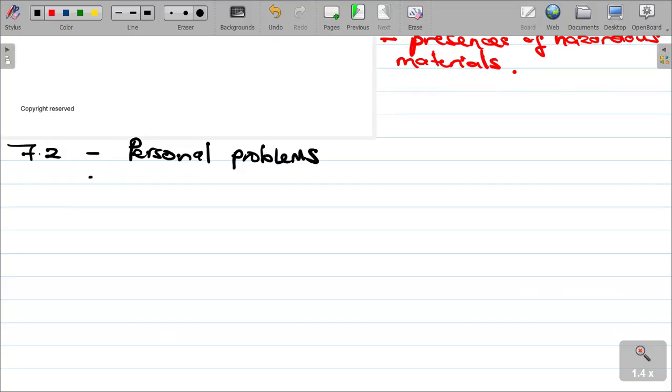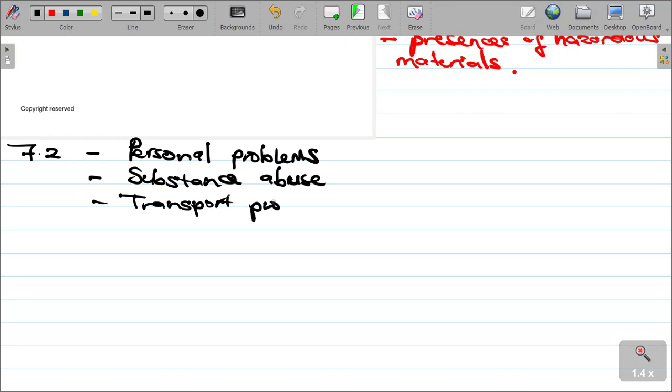Or might be substance abuse. Might be due to transport problems, or due to illness.